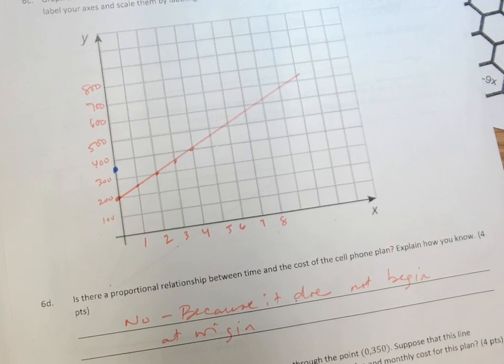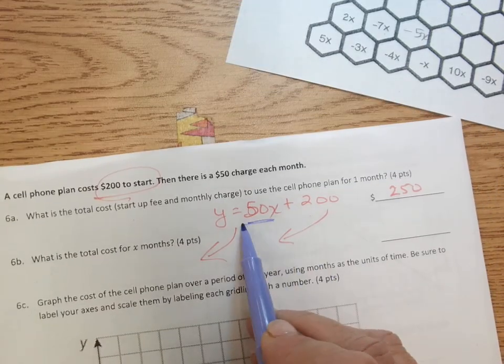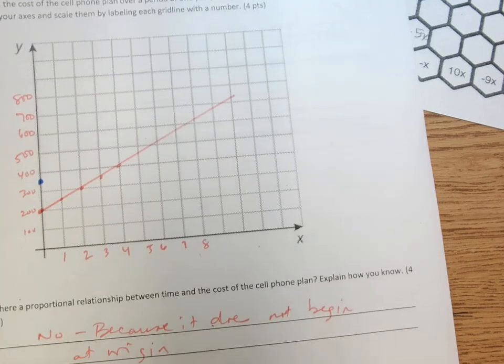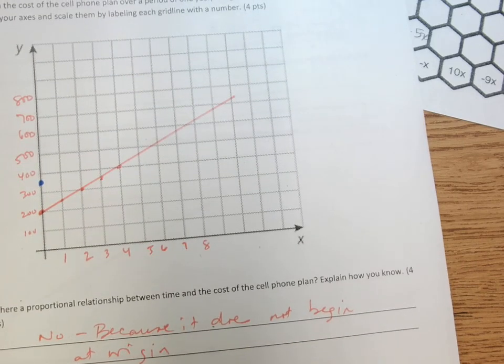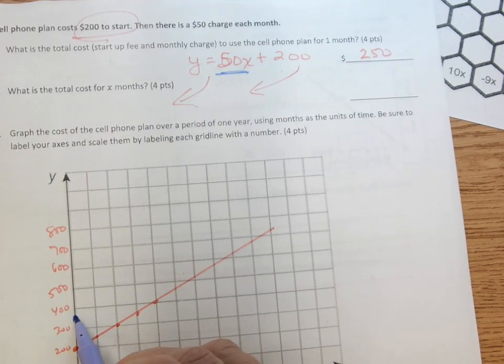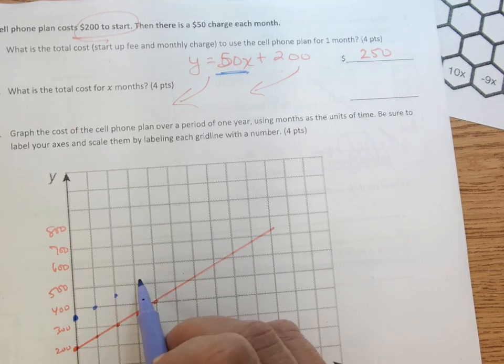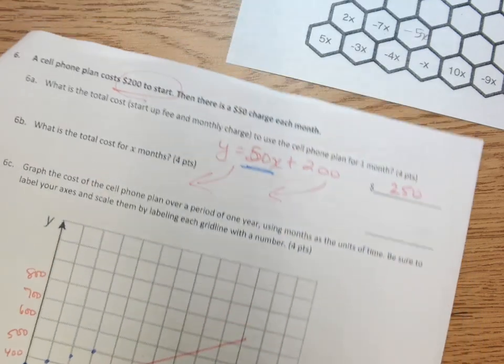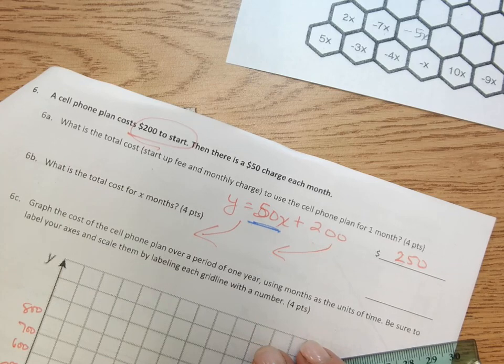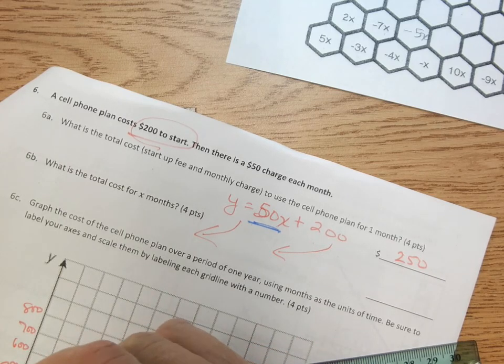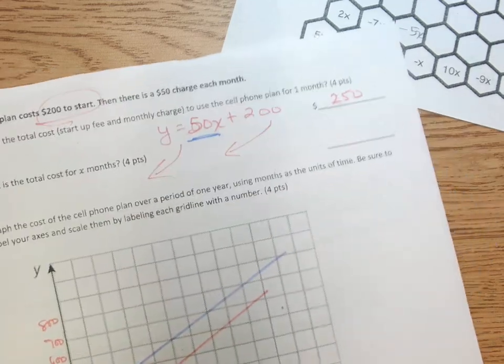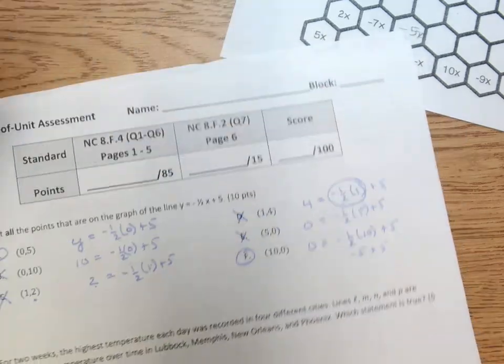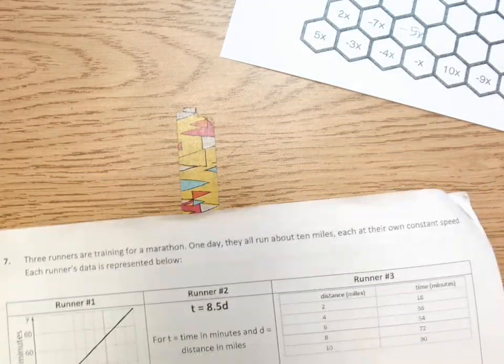And I know that that's going to be that because this is my rate of change, and it says it's got the same slope. So I'm going to go up 50 over 1, up 50 over 1, okay, over 1, up 50 over 1, and when I connect those points, that gives me a line parallel to the other.